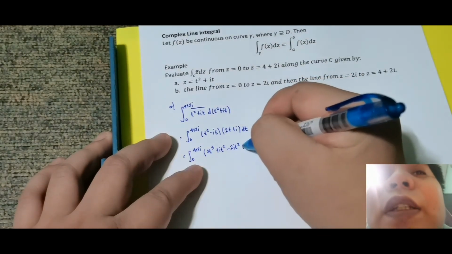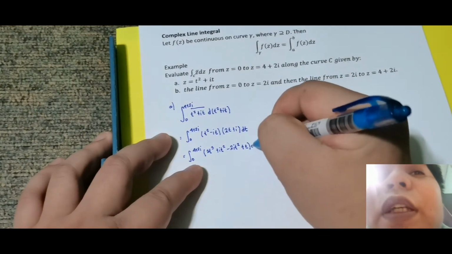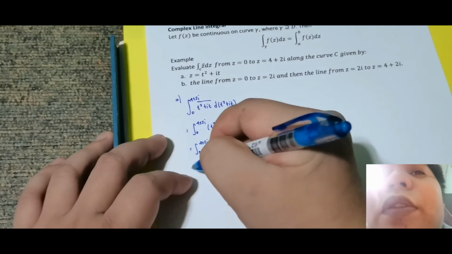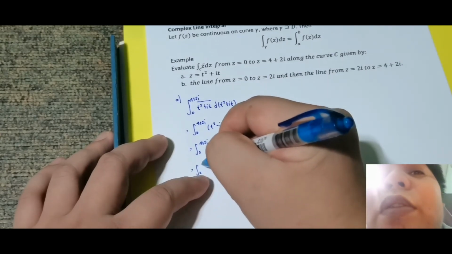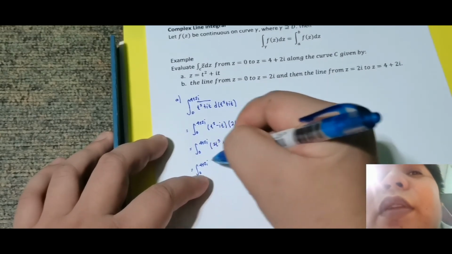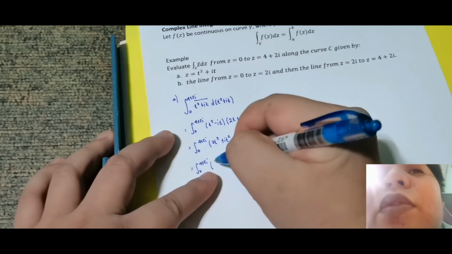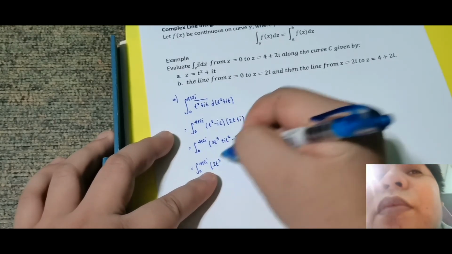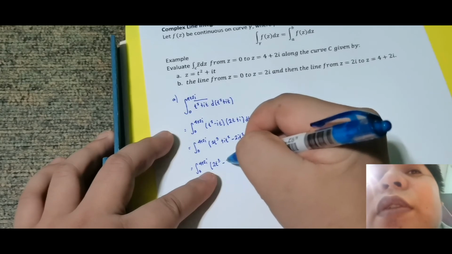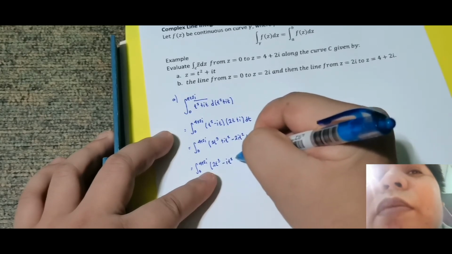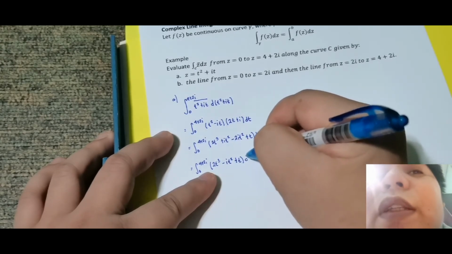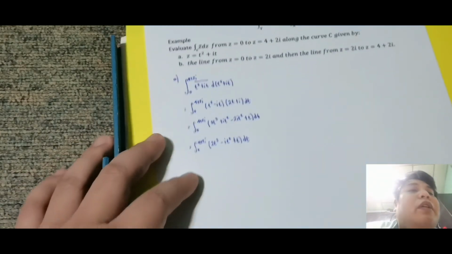So this is plus t, then dt. So simplify, this is integral from 0 to 4 plus 2i of 2t cube minus it squared plus t, then dt. Okay, so syempre integrate natin siya.